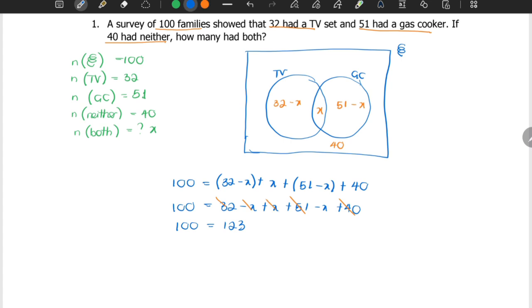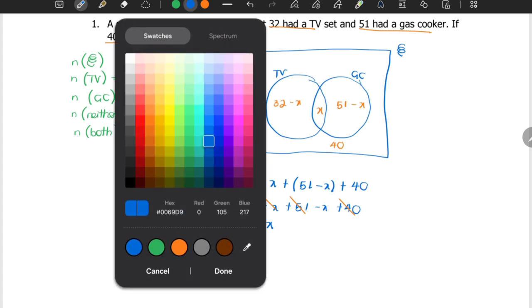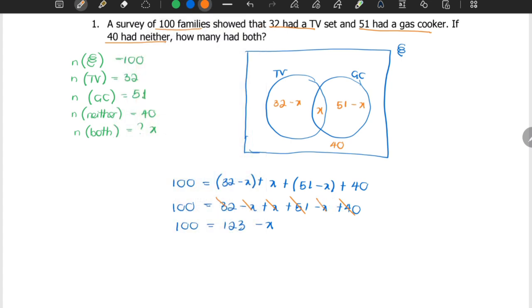Then we're left with minus X right there. So we have 100 is equal to 123 minus X. When we rearrange this equation such that the X crosses the equal sign, X is equal to 123 minus the 100. And then X is equal to 23.